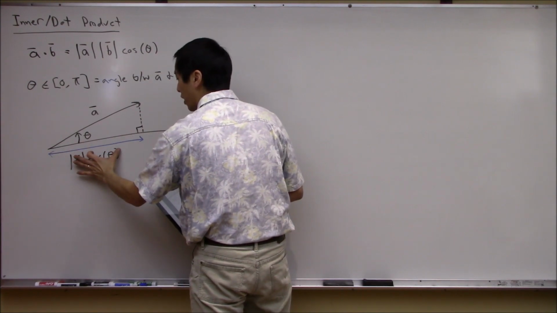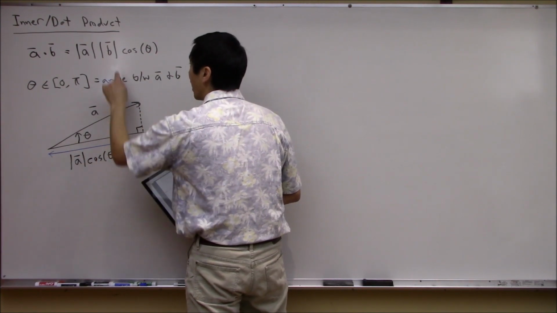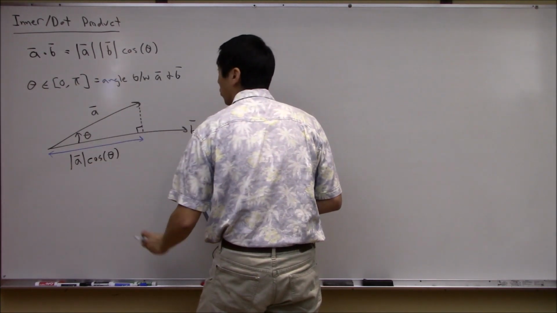That's this blue line right here, it's this length, times B, okay? So maybe what we should do is write that down again.